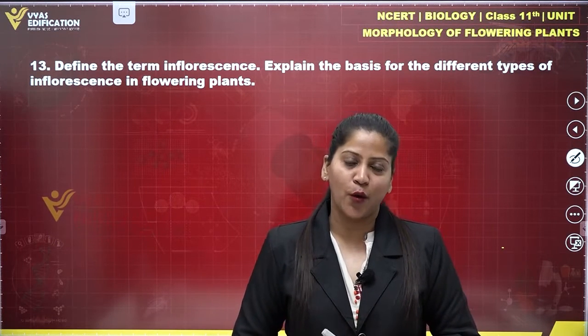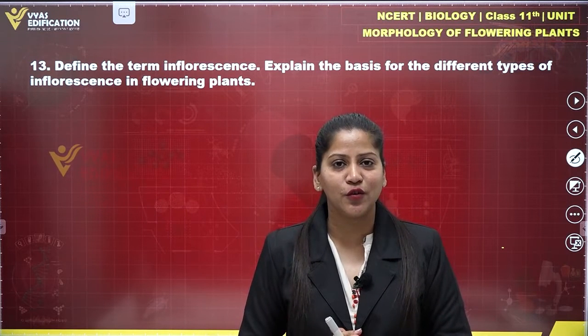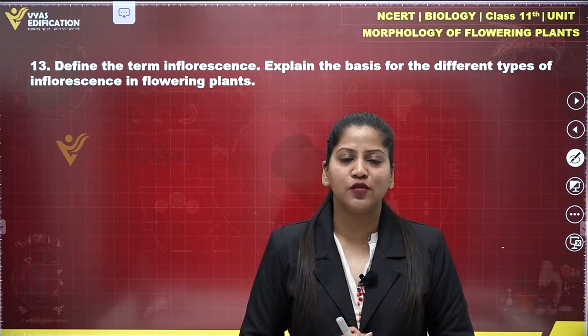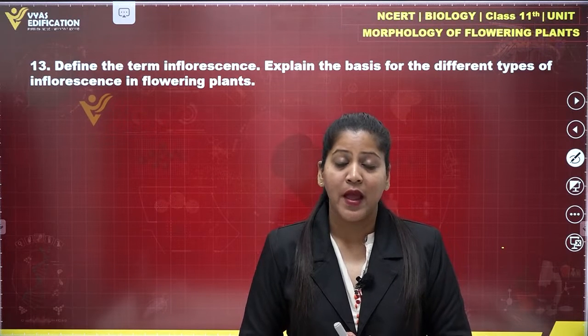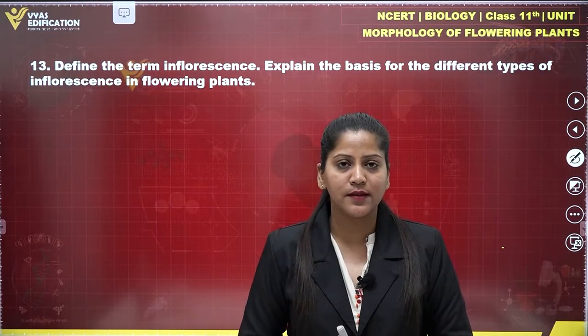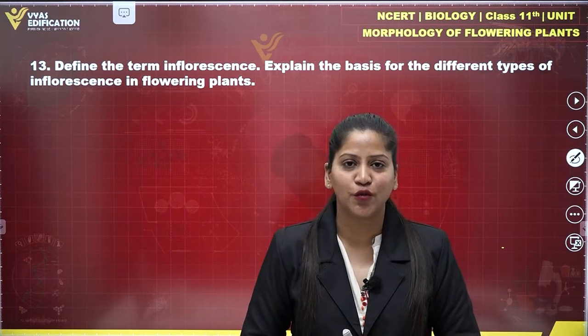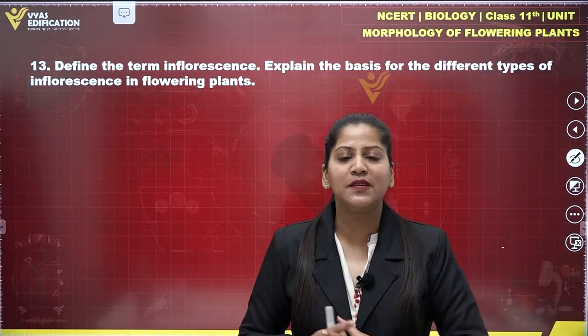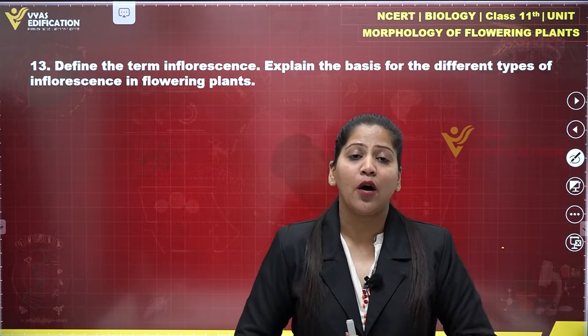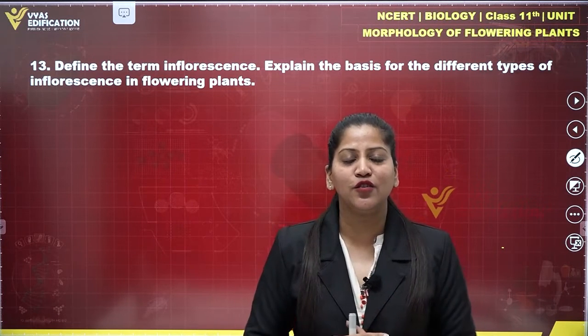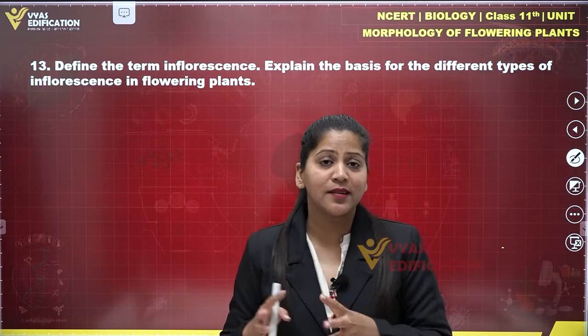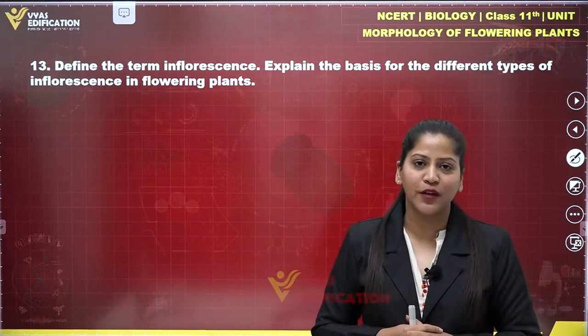In racemose inflorescence, the floral axis continues to grow and gives rise to lateral flowers. In case of cymose inflorescence, the main floral axis does not continue to grow. It has a limited growth and eventually terminates into a flower.